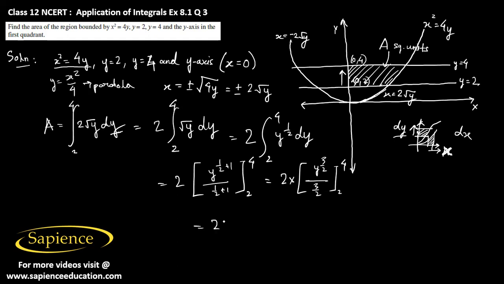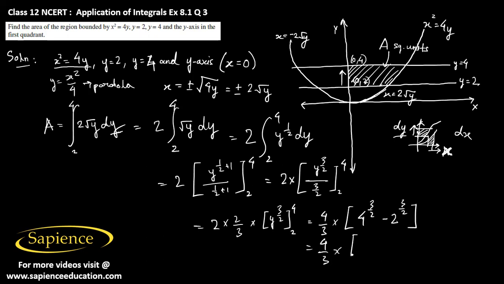Now this will be equal to 2 times 2 by 3 will come here, and that will be y power 3 by 2, and we have to put 2 as the lower limit and 4 as the upper limit. That's why you have to do 4 by 3 times 4 power 3 by 2 minus 2 power 3 by 2.